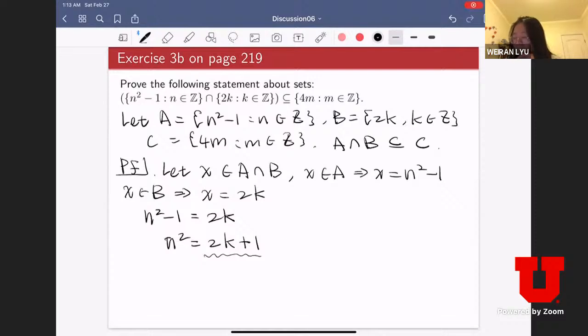So by the definition of odd, n squared is an odd number. I think it's one of the theorems in the textbook that if n squared is an odd number, then n has to be an odd number as well. And also by the definition of odd, n must be equal to 2j plus 1, where j is an integer.